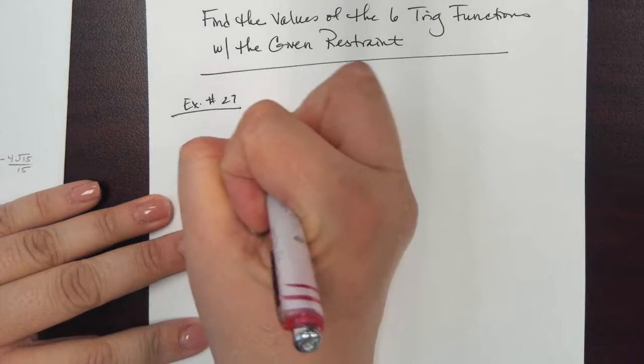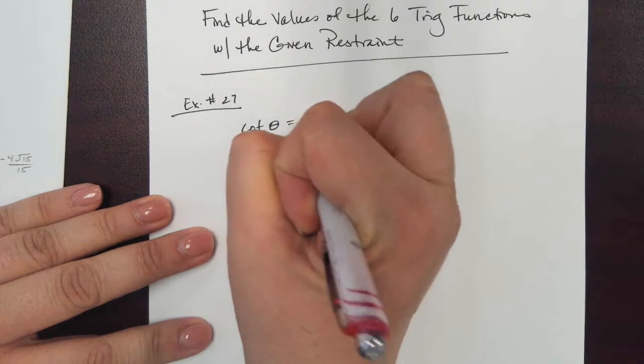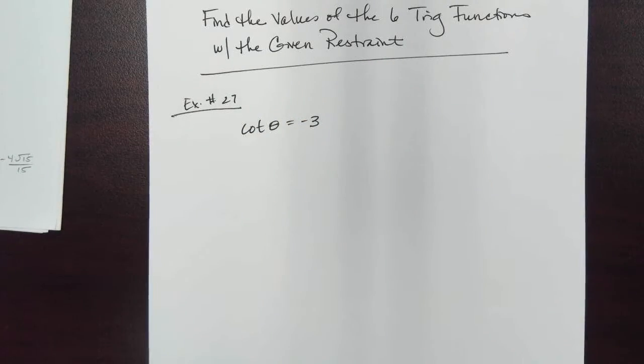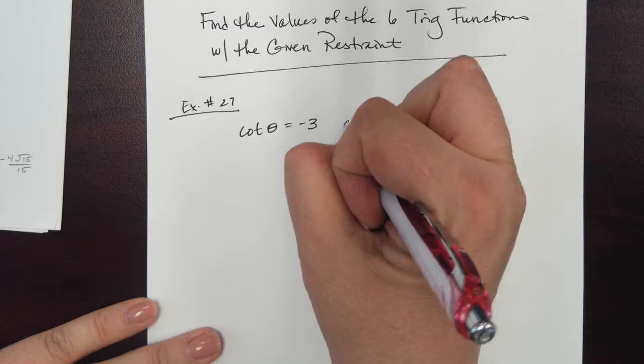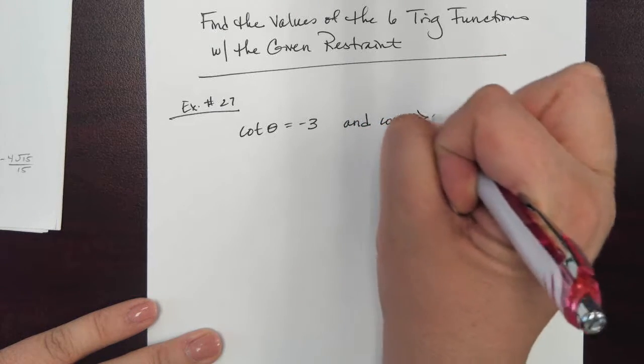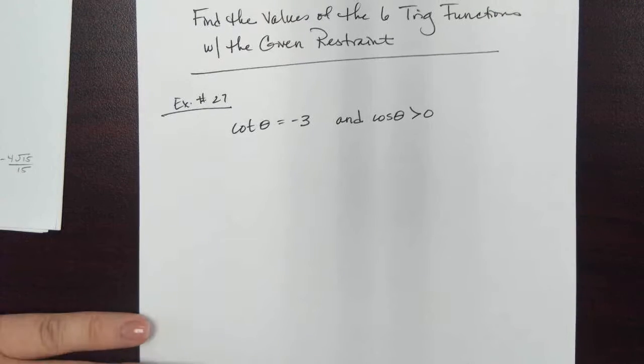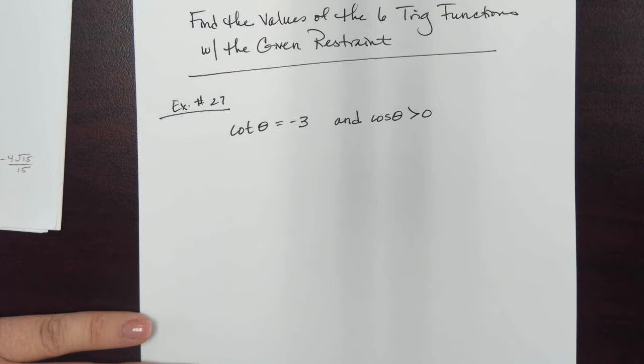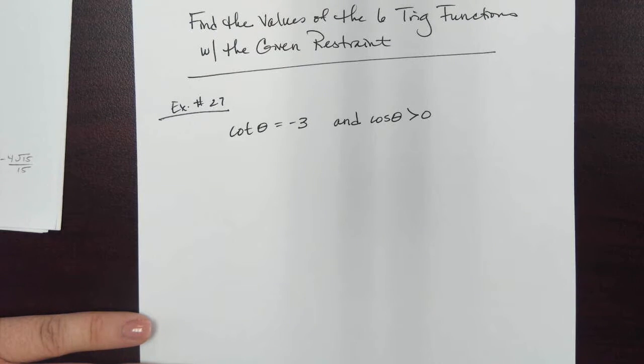It says cotangent theta equals -3, and cosine theta is greater than 0. That's all it tells us.